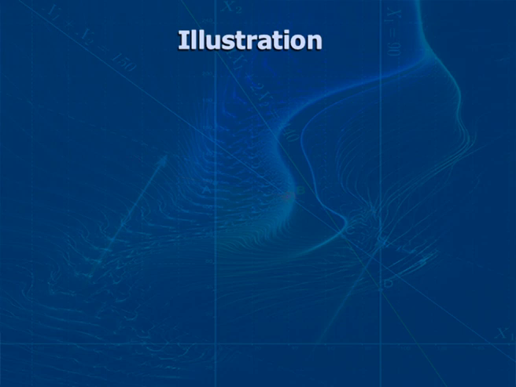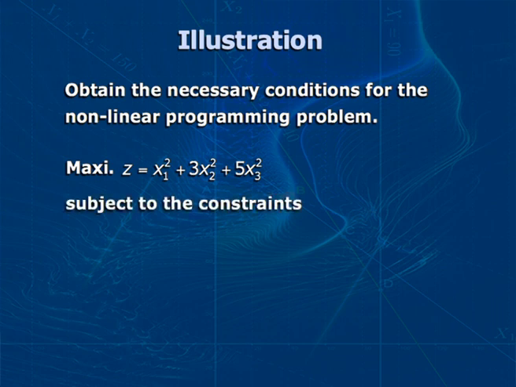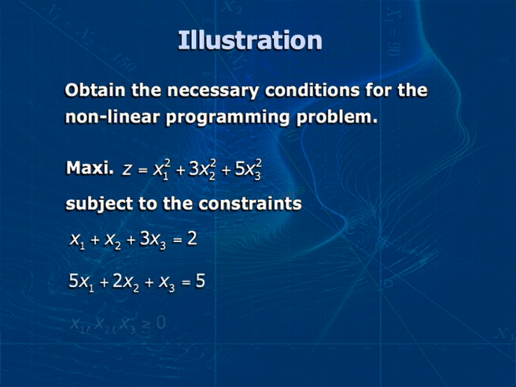Let us take an illustration. Obtain the necessary conditions for the non-linear programming problem. Maximize z = x1² + 3x2² + 5x3² subject to the constraints x1 + x2 + 3x3 = 2 and 5x1 + 2x2 + x3 = 5, where x1, x2 and x3 are greater than or equal to 0.